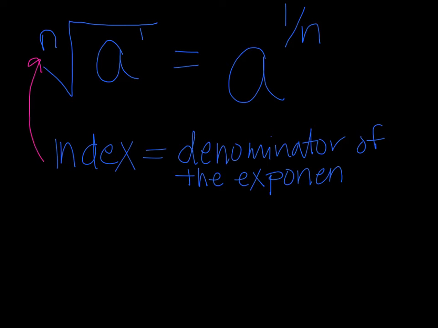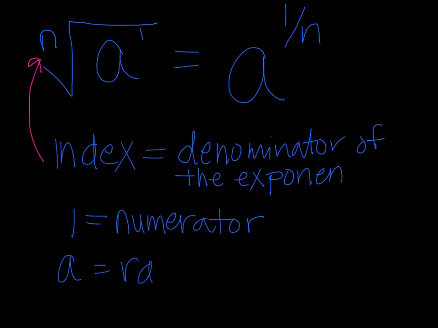And we see 1, which is our exponent, is now our numerator. And a is what's called our radicand, which is what is inside the radical symbol.